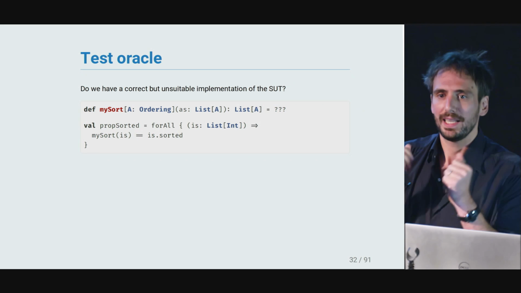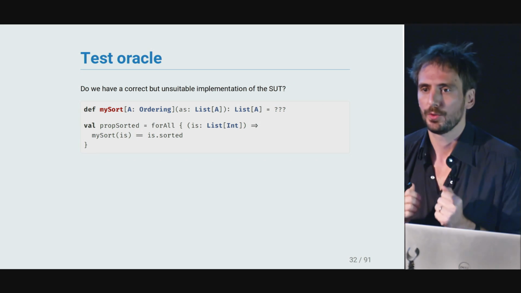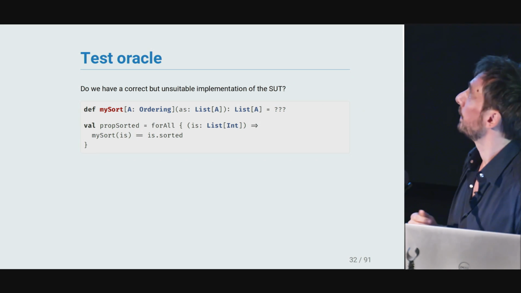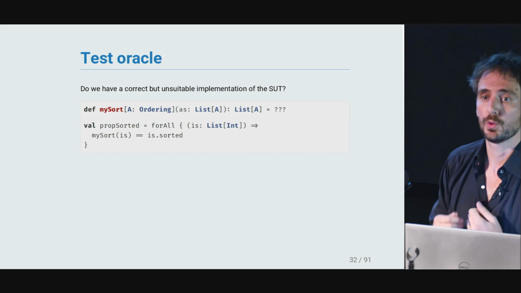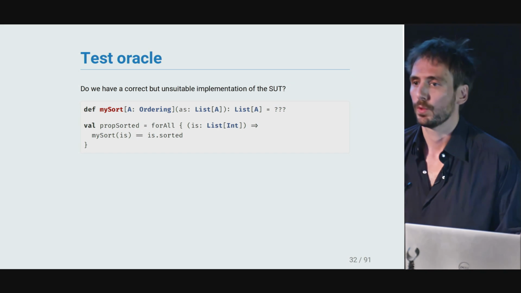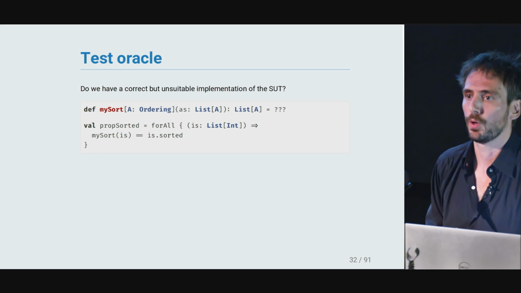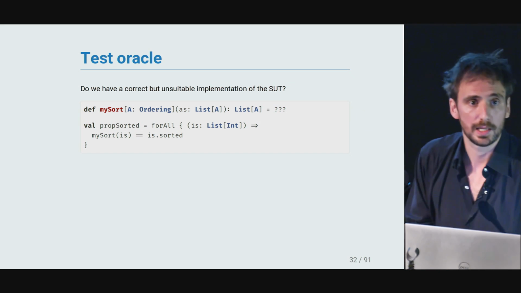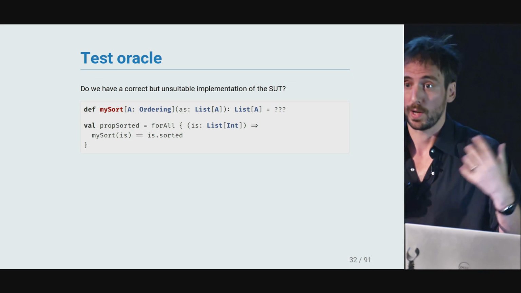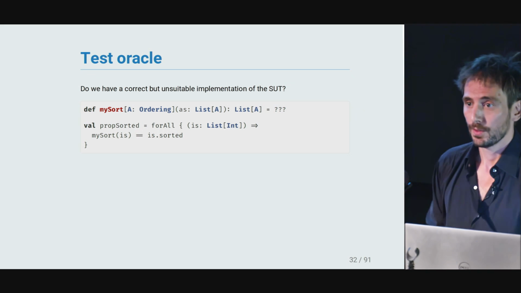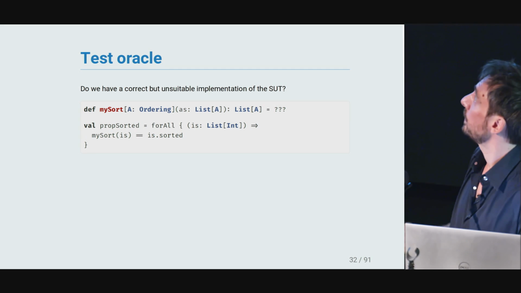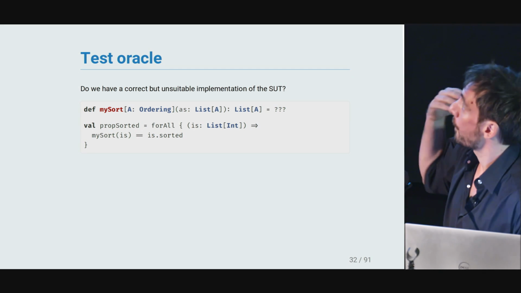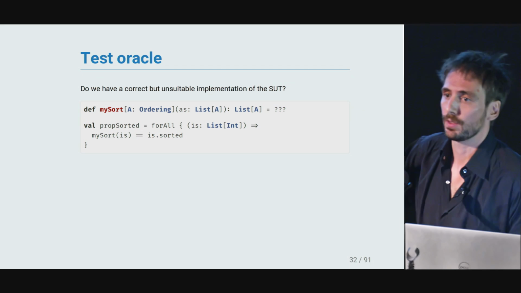So the first one, the easiest case, is sometimes you have a correct implementation of your system, but one that is not suitable. This happens, for example, when you want to optimize an existing function, or when you want to refactor some code. You still have the old implementation. It still works. It's not what you want. So you can use that as an oracle. That's the easiest possible case where you can just run it and compare and make sure that your result is the correct one.